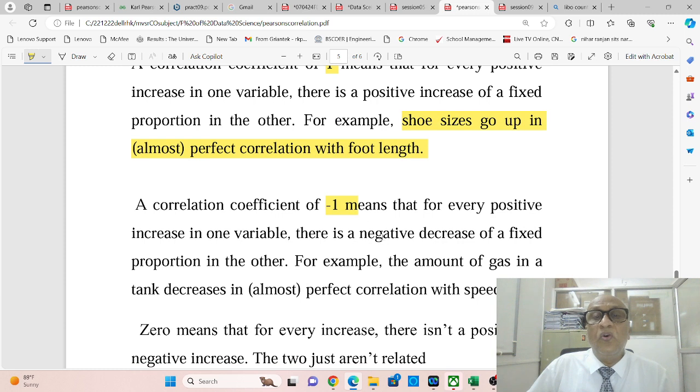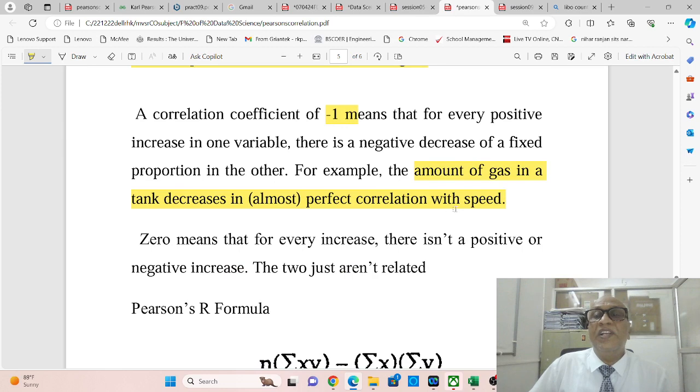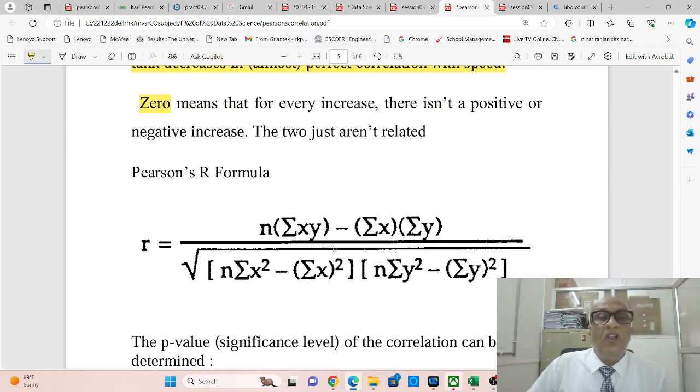Suppose there is a negative correlation. Then the opposite will be true. For example, the amount of petrol or diesel decreases in correlation with the speed. 0 means there is no correlation.